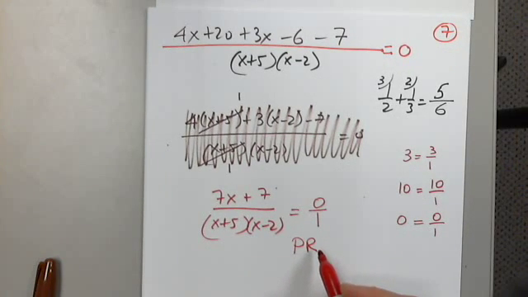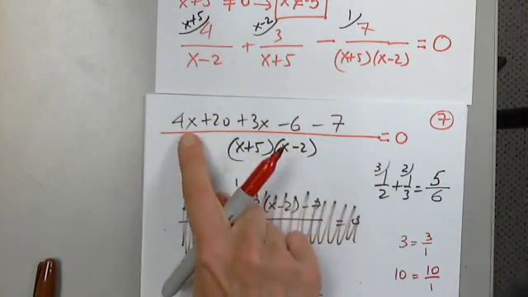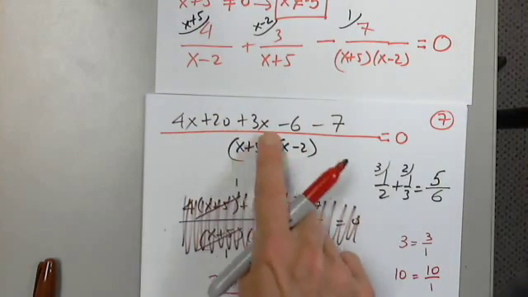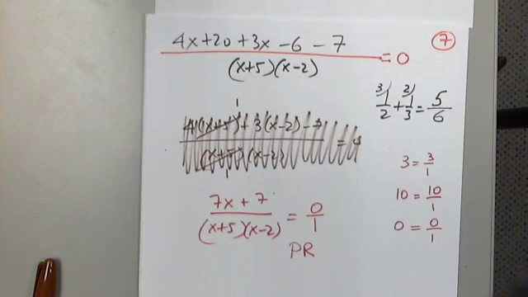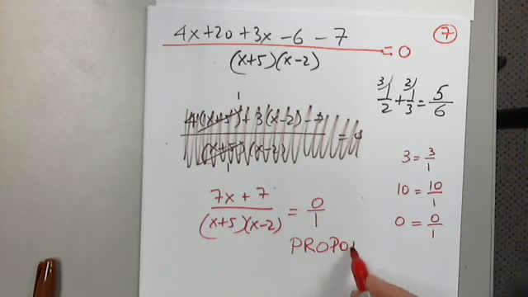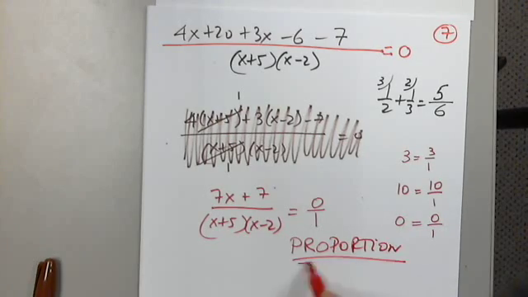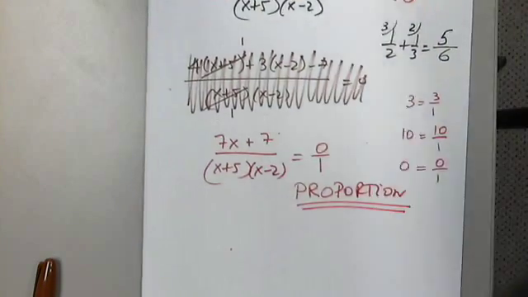4x plus 3x, 20 minus 13. Better? Good. Only in a proportion I'm allowed to cross multiply.